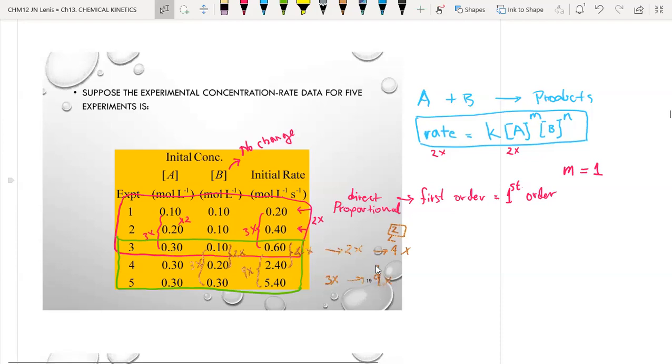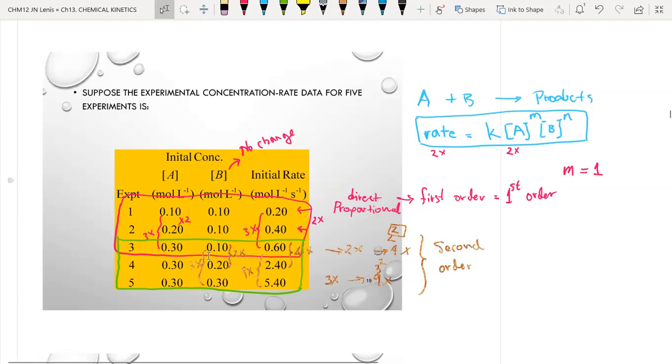So 9 is 3 squared, right? 3 times 3 is 3 squared. And from here, our conclusion is the reaction is second order. The reaction is second order.